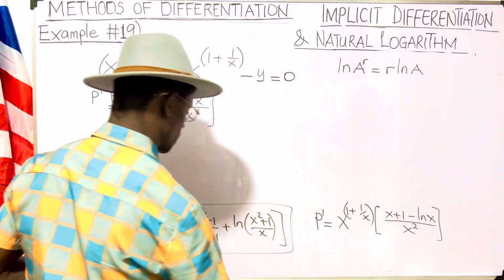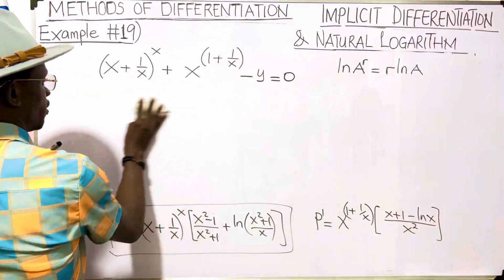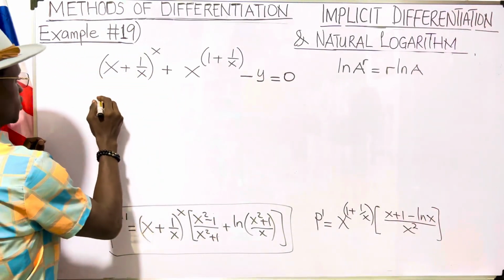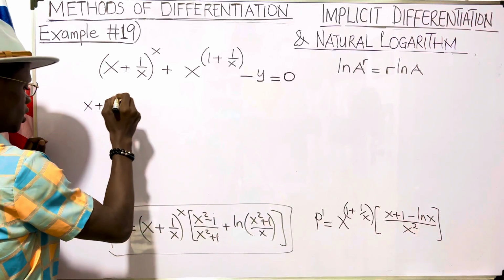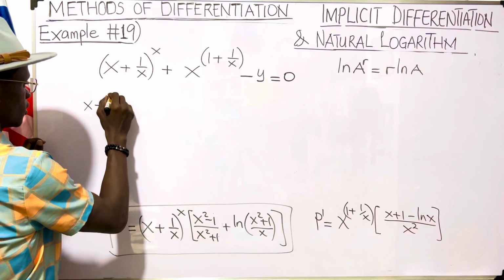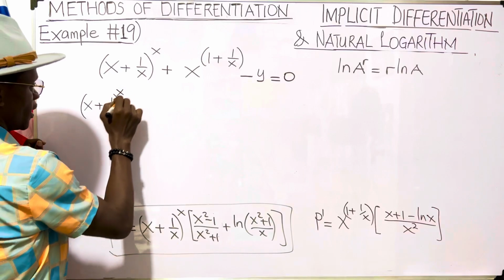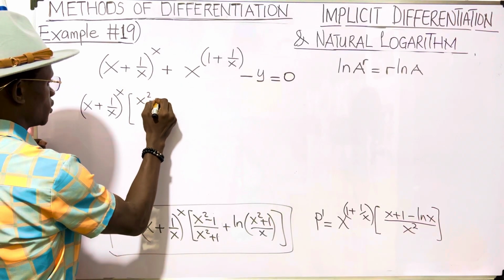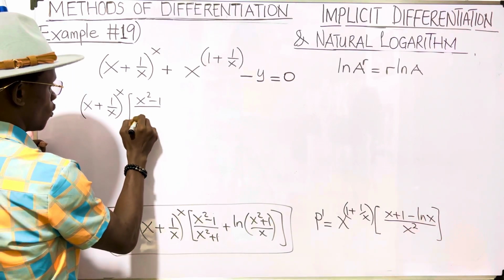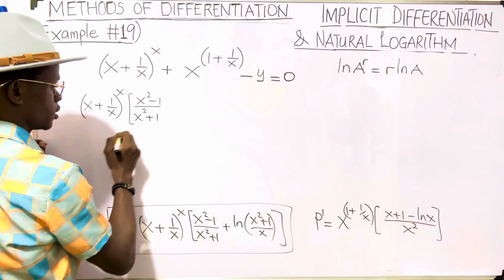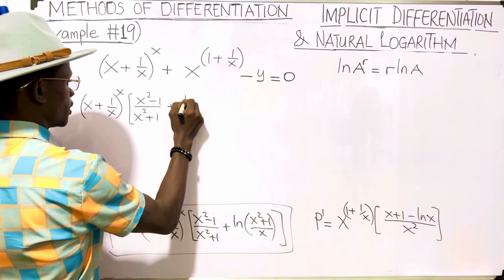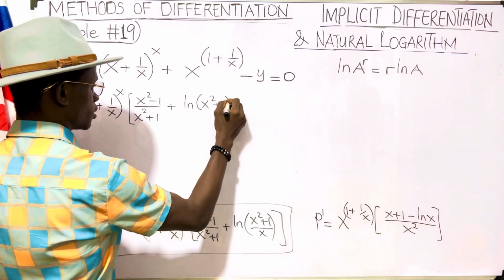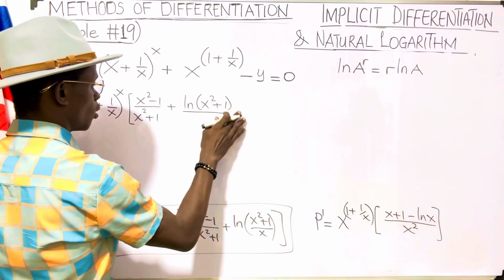Okay, so now let's write our final answer. So we differentiate this, we get this one, which is (x plus 1 over x) raised to the power x times x squared minus 1 all over x squared plus 1 plus the ln of x squared plus 1 all over x.